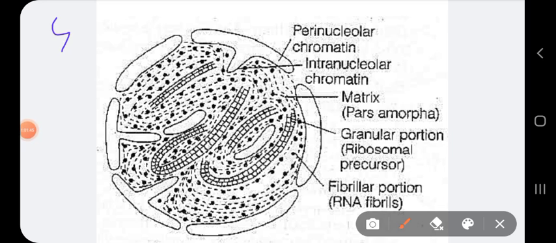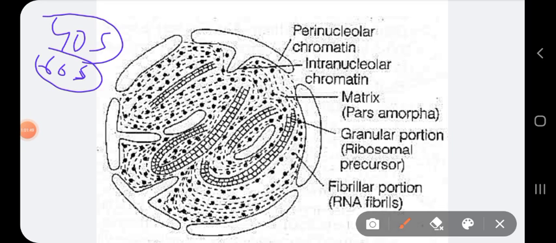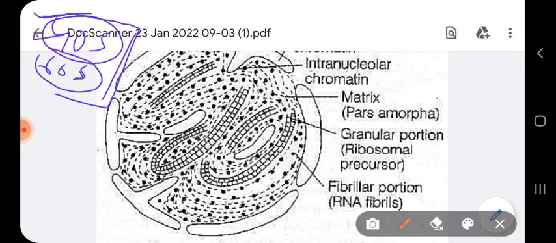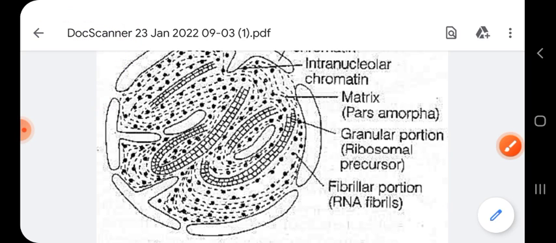So the 40S and the 60S ribosomal subunits are the eukaryotic ribosomes, which are normally observed within this nucleolar organizer region, because nucleoli are the sites where 40S and 60S ribosomal subunit biogenesis takes place. Then it contains three types of rRNA.